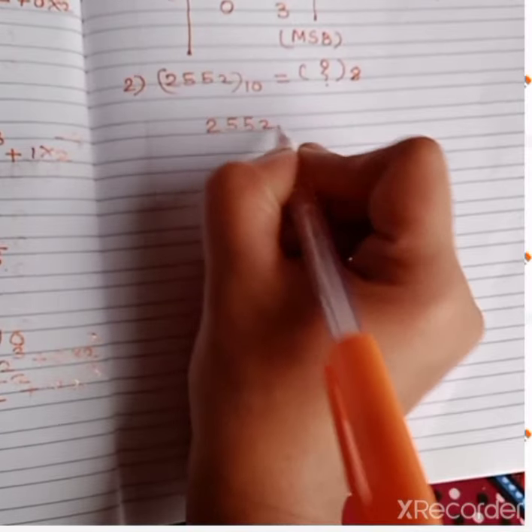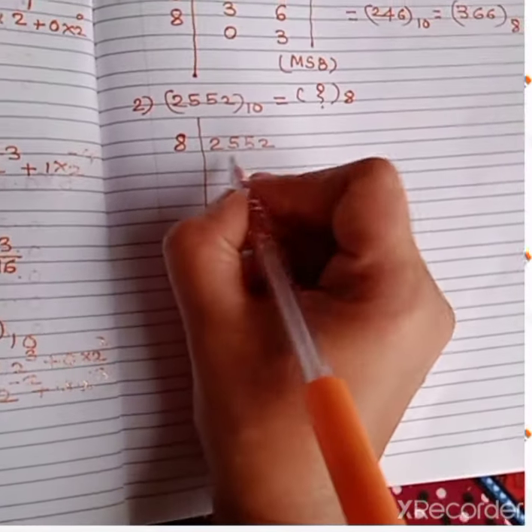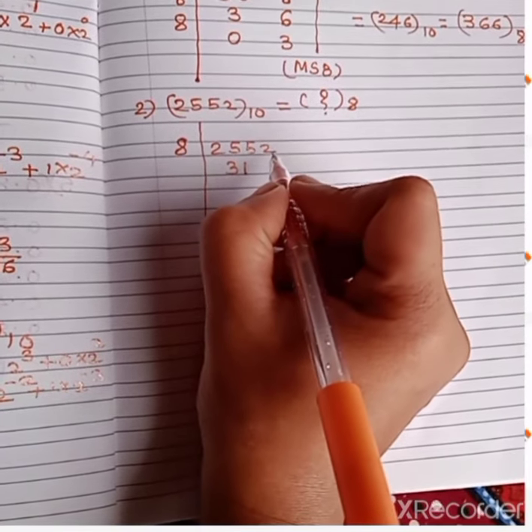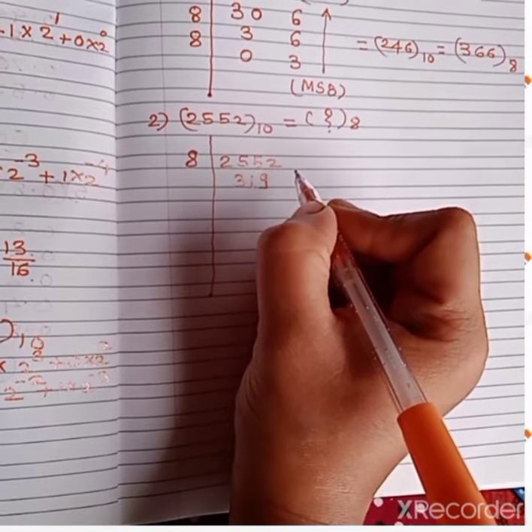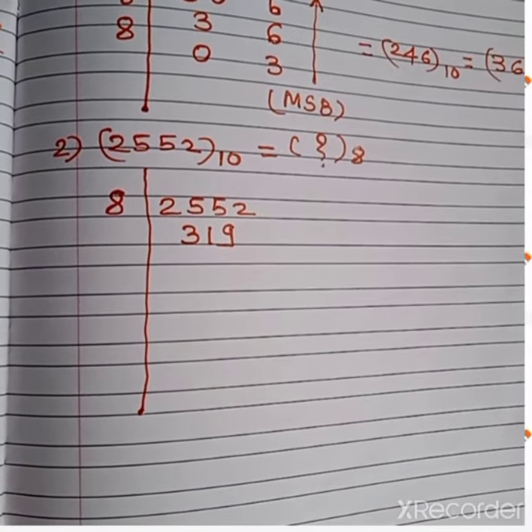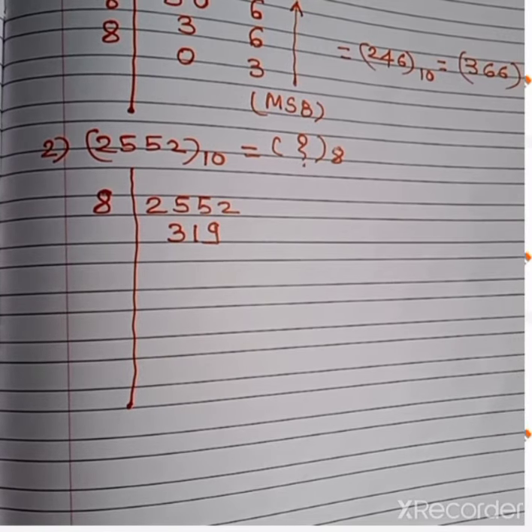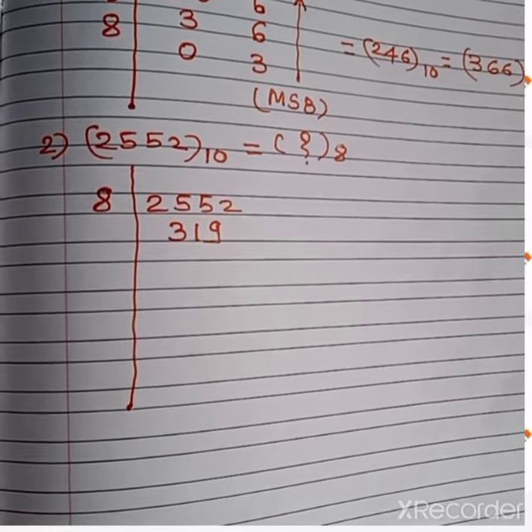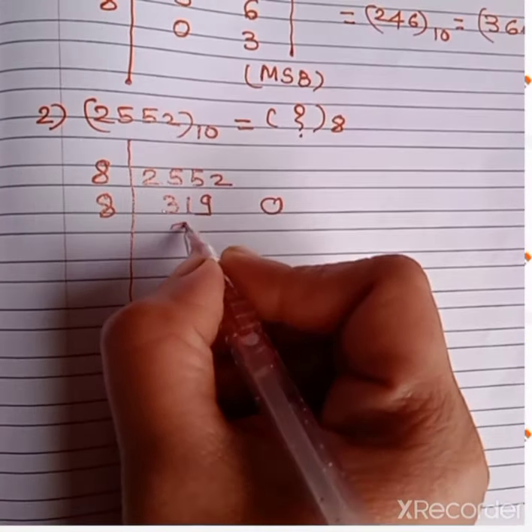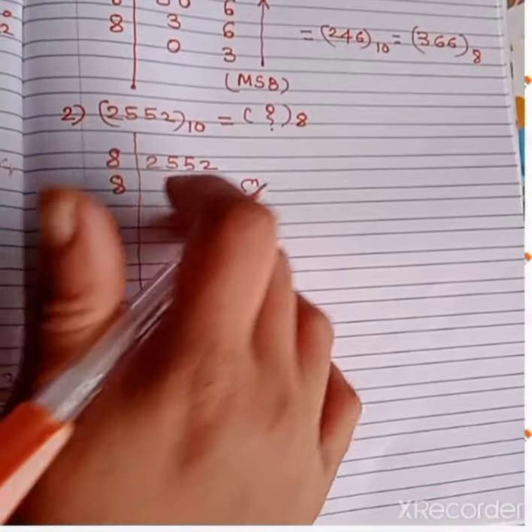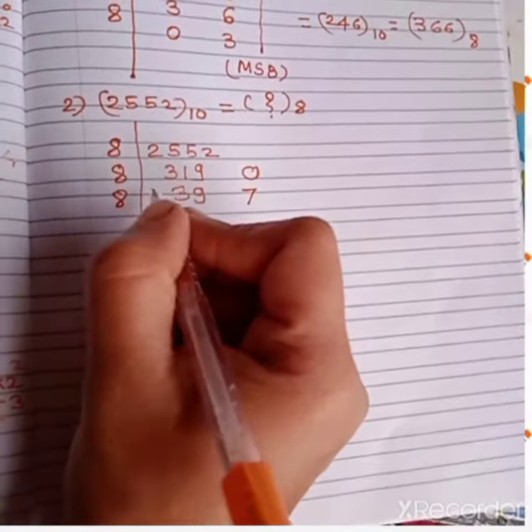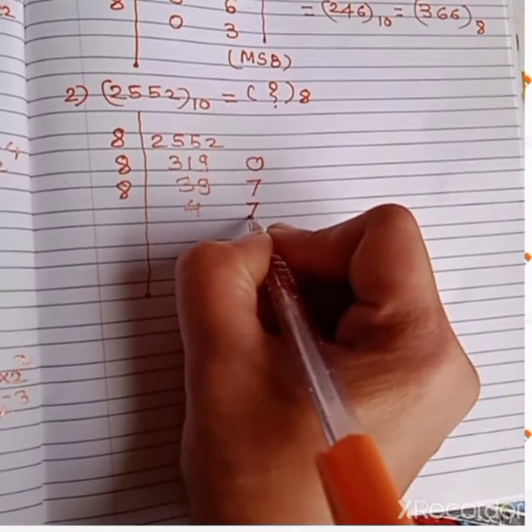So again we'll do the division with 8. 8 3s are 24, remainder is 1. 8 1s are 8, remainder is 7. 8 9s are 72, remainder is 0. 8 3s are 24. 8 9s are 72, remainder is 7. 8 4s are 36, remainder is 7.